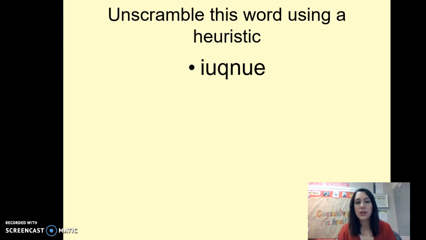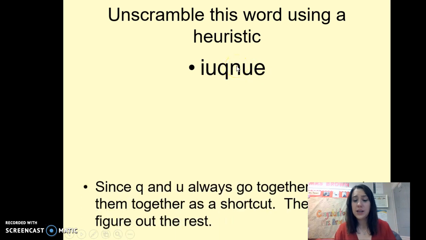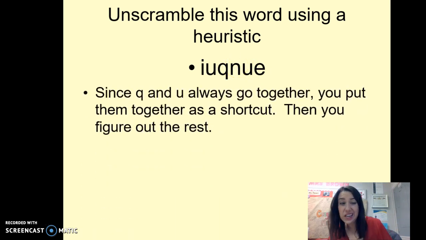Unscramble the word using a heuristic instead of trying every single letter combination, changing just the U and the E, and then changing the N and the U, and then the U and the Q or whatever. You can use some rules that you know. Whenever we have a Q, U, E, this looks like the word unique.